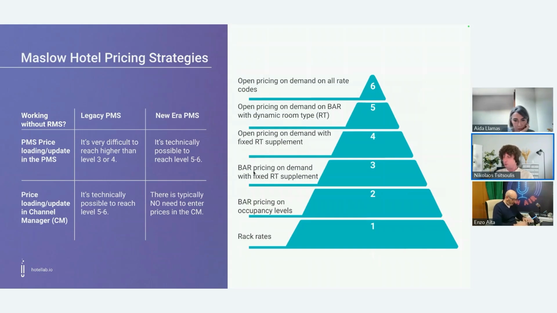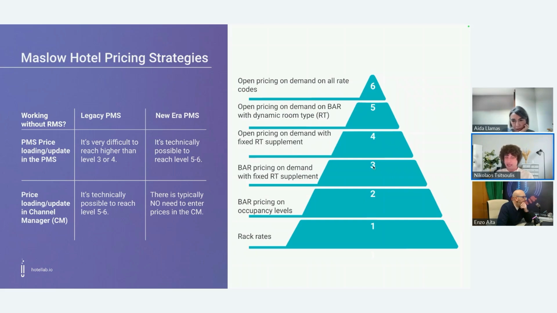So this one we would call BAR pricing on demand with fixed room type supplements. And on the Maslow hotel pricing strategy, which is our own revenue management concept, this would be level 3 of how advanced you can get with your revenue management and pricing strategy. Now, when it comes to level 3, this is something that can be done manually and has been done manually for many decades.